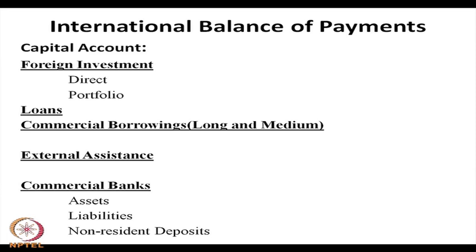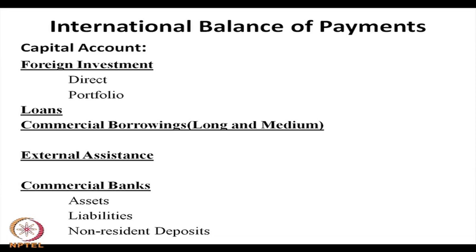Also, our domestic MNCs and domestic companies borrow from abroad in the form of loans. They borrow from the international financial market and from international financial institutions, which is called commercial borrowing, long and short term. Many countries and world trade bodies also give external assistance to our economy, which may be linked to project finance or to goods and services.